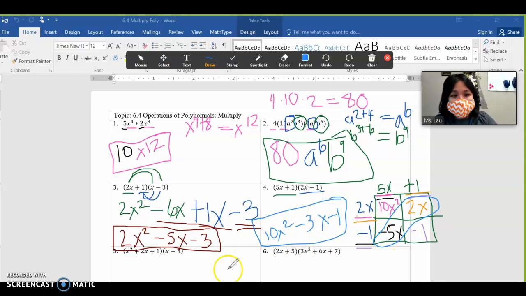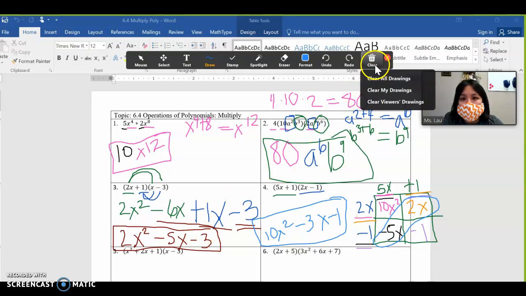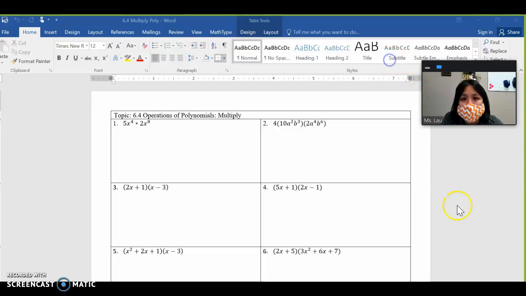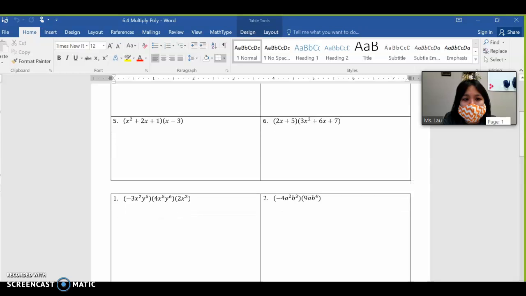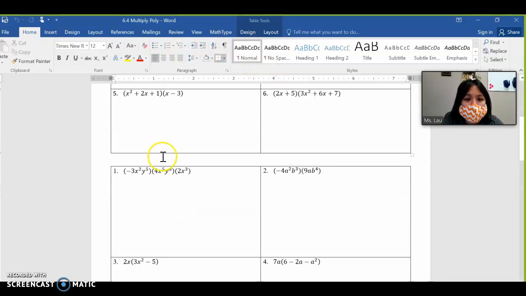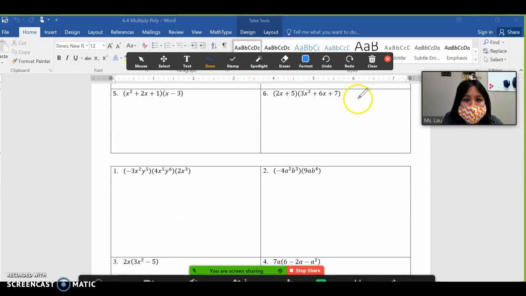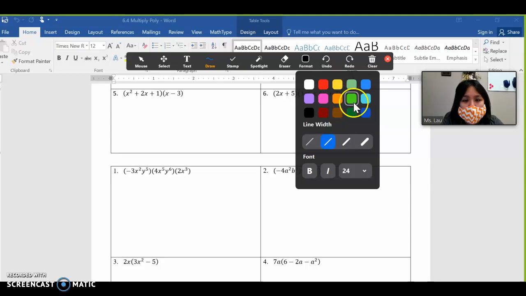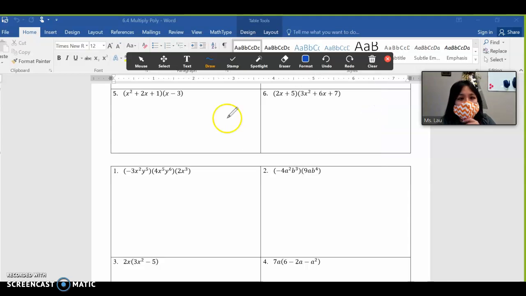Okay? And I'm going to do one more example. This last one, it's very similar to the ones we just did. The only difference is now we have just a different amount of terms. So in the first one we have 3, and then we have 2. So I'm going to use the box method again.